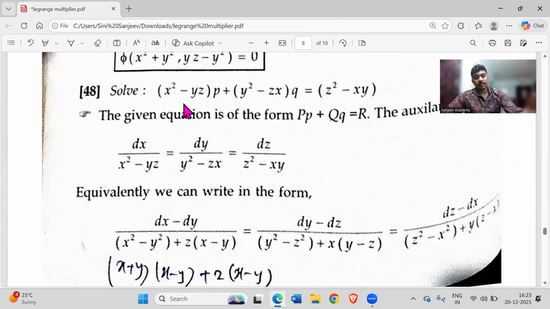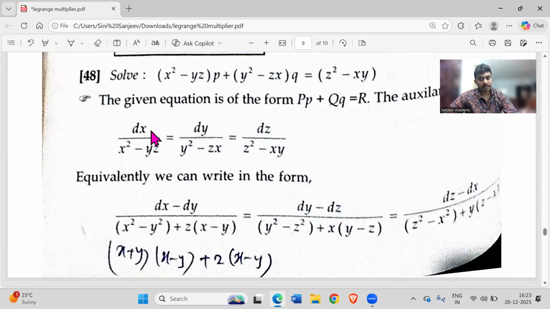This one is again of the form Pp plus Qq is equal to R. Similarly, put dx by x square minus yz, and y square minus zx for this, and dz by whatever the z value is.